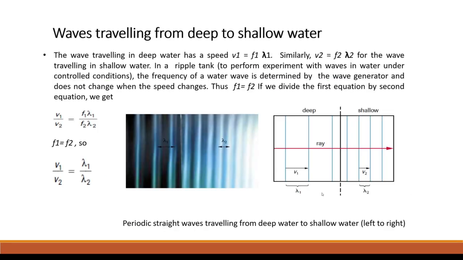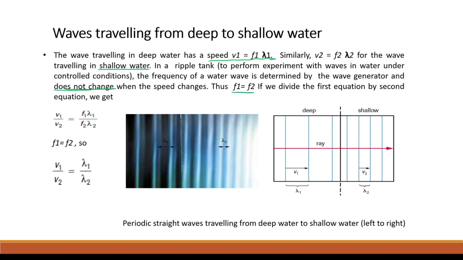So let's consider a ripple tank where we have a wave traveling in deep water and it has a speed of v1 equals f1 lambda 1. Similarly, v2 equals f2 lambda 2 for the wave traveling in shallow water. In this ripple tank, used to perform experiments with waves in water under controlled conditions, the frequency of a water wave is determined by the wave generator and does not change when the speed changes.